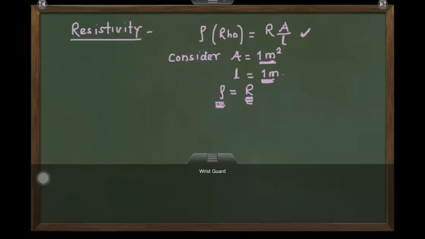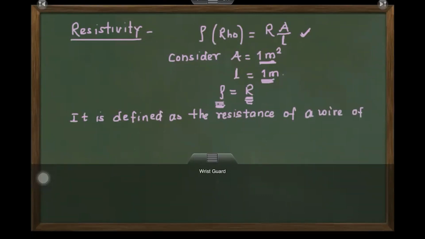What is the definition? It is defined as the resistance of a wire of unit length, unit length meaning 1 meter length, and unit cross-sectional area.